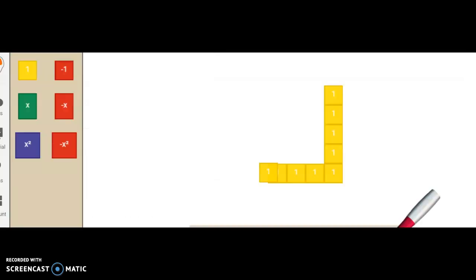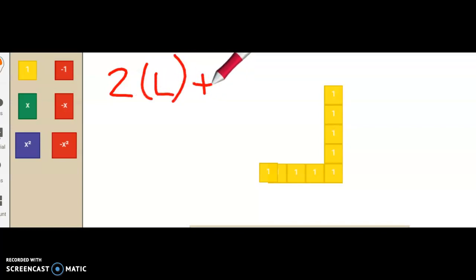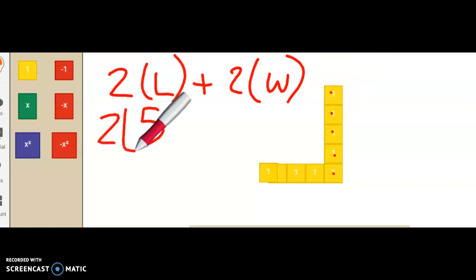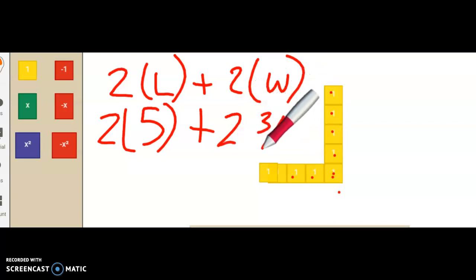Okay, so what we're going to do is our formula for perimeter, which is 2L plus 2W. Our L is 1, 2, 3, 4, 5. So 2 times 5 plus 2 times 3.5.